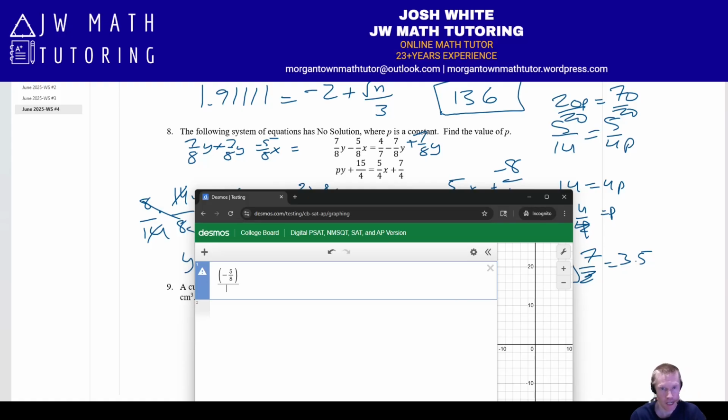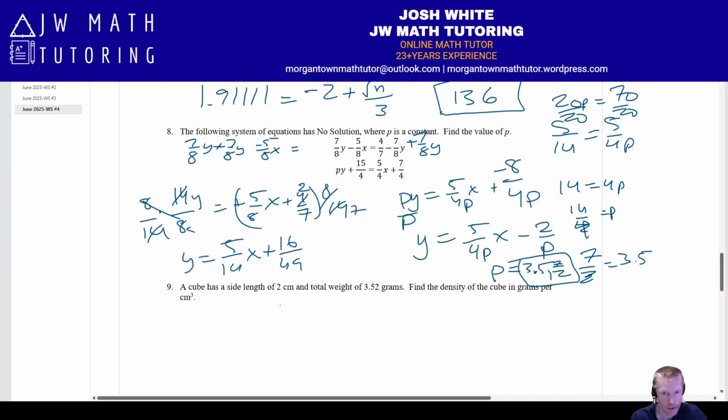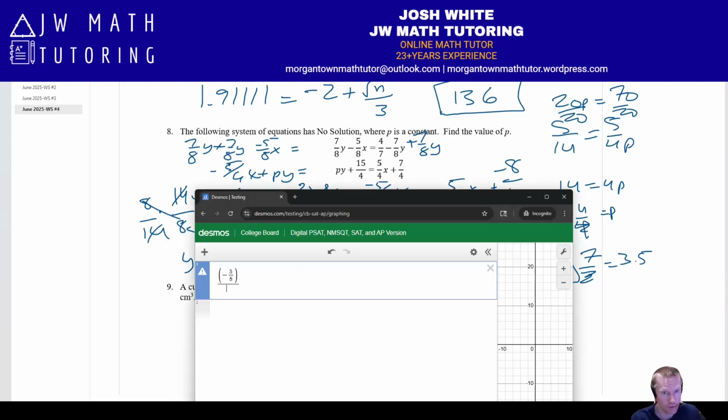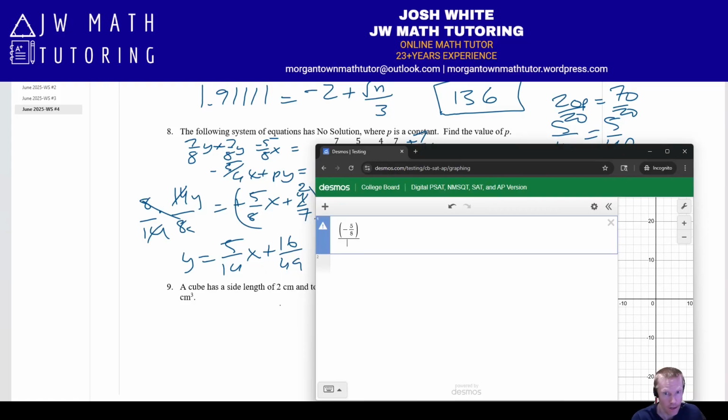Bottom equation, we need x and y on the same side. It doesn't matter how you do it. I'm going to subtract 5/4 x over. So I've got negative 5/4 x plus py equals, the numbers we're not concerned with. We just need the x and y terms on the same side. So the x coefficient in the bottom equation is negative 5 over 4.